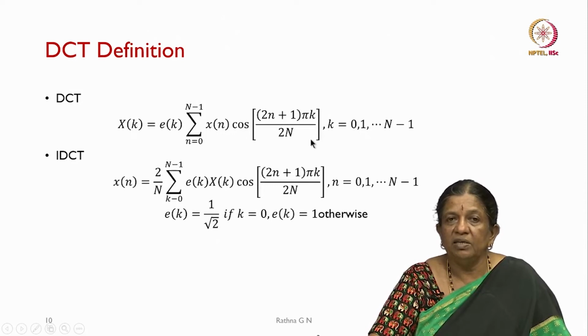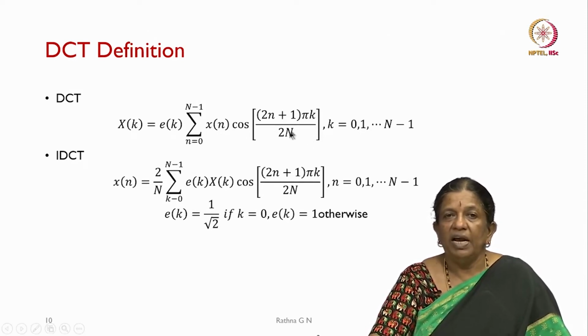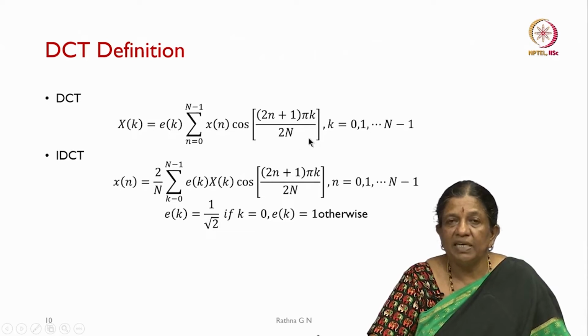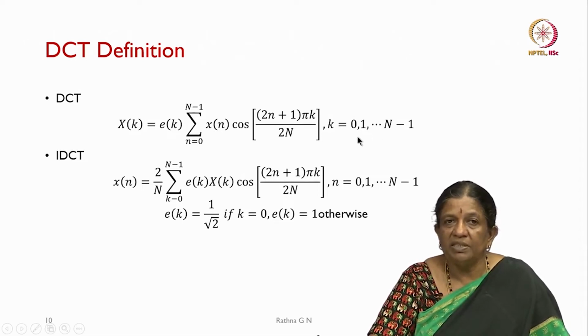N we can choose as 8 by 8, or it will be the size of the image that we are considering. If we are using the direct DCT form, k will go from 0 to N minus 1, where n by n is our image size.